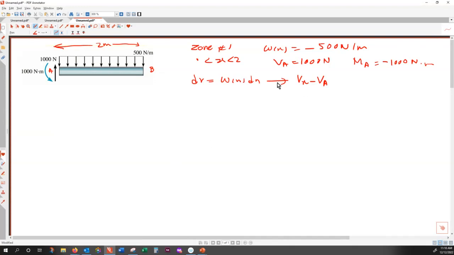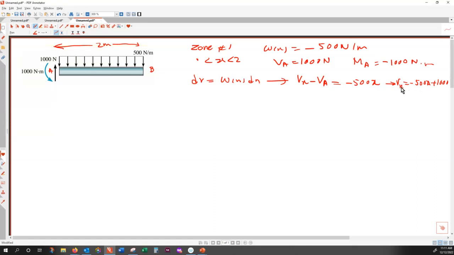All right, so let's integrate both sides here. If I integrate dV, that's V of x minus V of a is equal to minus 500x. And if I plug V of a here, my expression of V of x is minus 500x plus 1000.